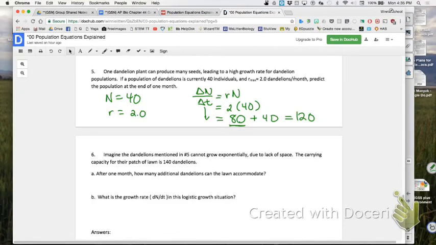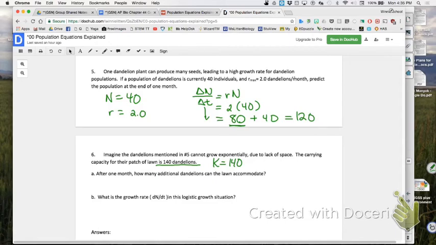So now it says, imagine the dandelions mentioned in number 5 cannot grow exponentially due to lack of space. The carrying capacity for their lawn is 140 dandelions. So K is going to equal 140. After 1 month, how many additional dandelions can the lawn accommodate?